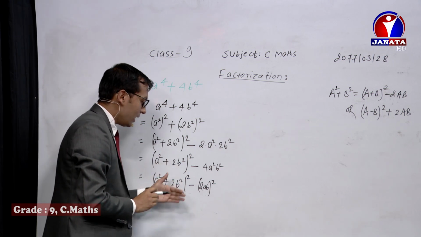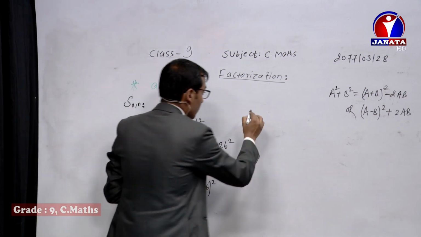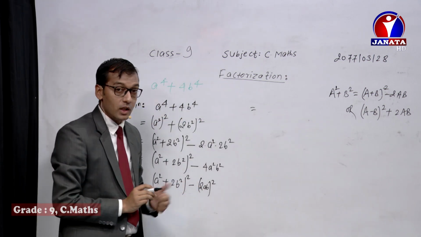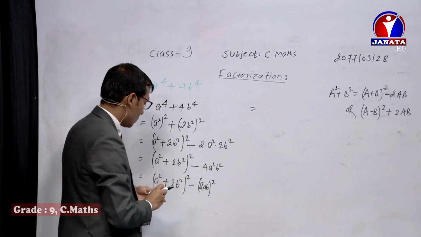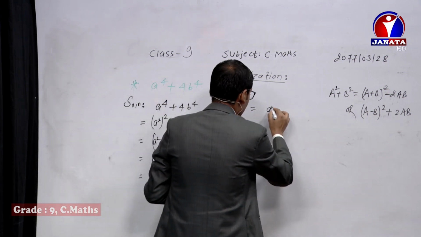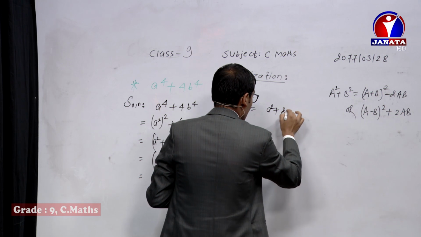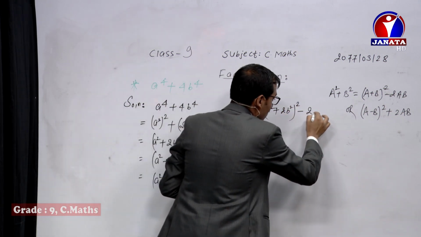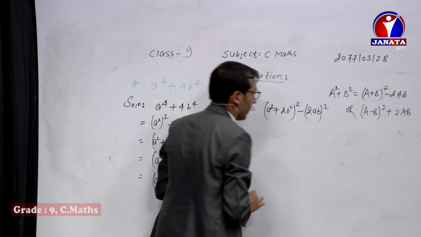Now let me move ahead and do the next step. Again, it is in a square minus b square form. Let me rewrite the same step: (a square plus 2b square) whole square minus (twice ab) whole square.